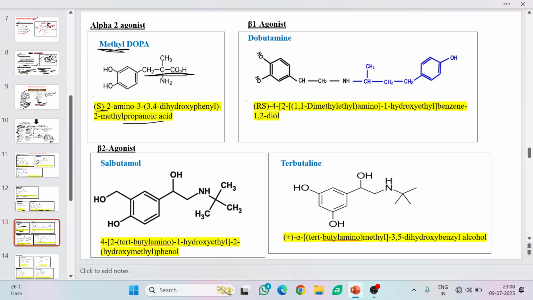Firstly, RS 4-[2-[(1,1-dimethylethyl)amino]-1-hydroxyethyl]benzene-1,2-diol. Simply, benzene, here 1,2-diol. This is 1, this is 2, so 1,2-diol. Then this is 3, this is 4.